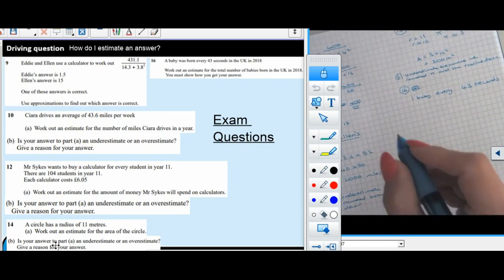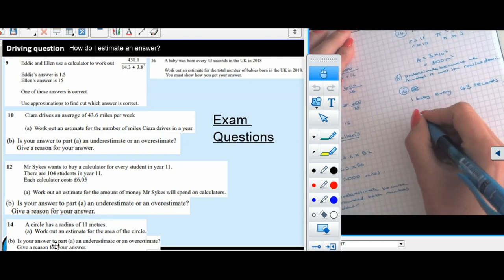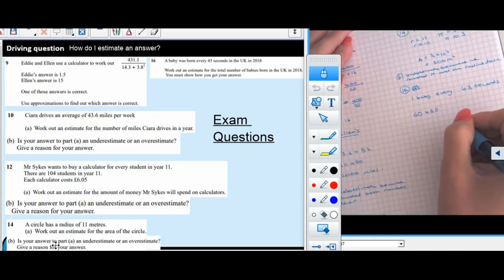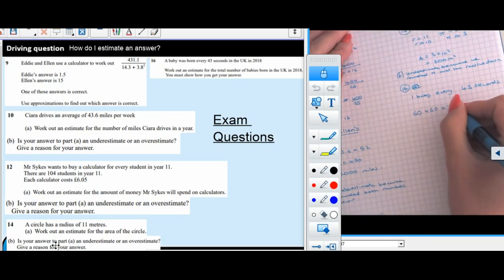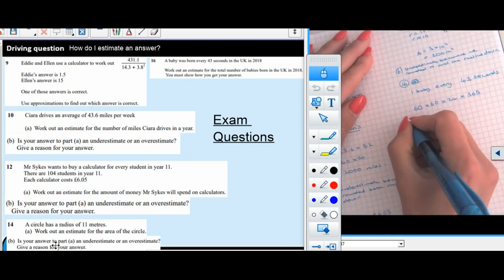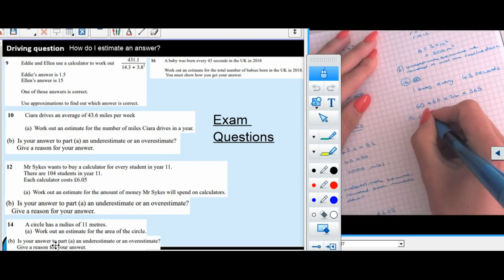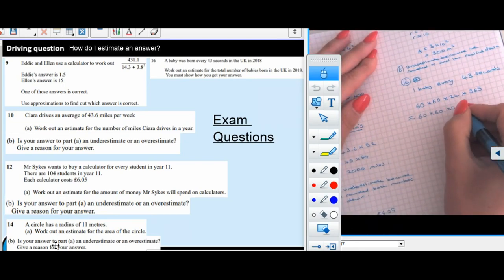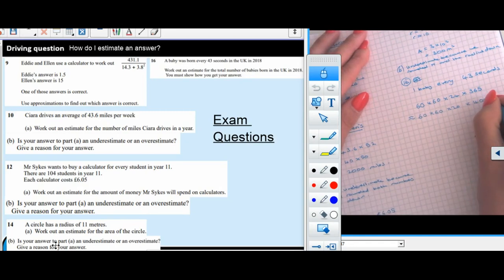So there are 60 seconds in a minute. There are 60 minutes in an hour. There are 24 hours in a day. And there are 365 days in a normal year. So that would be approximately 60 multiplied by 60 multiplied by 20 multiplied by 400.